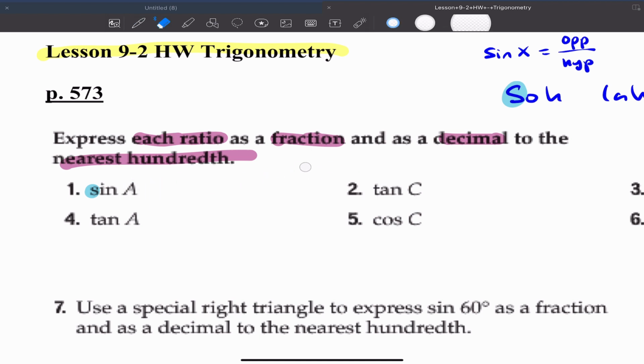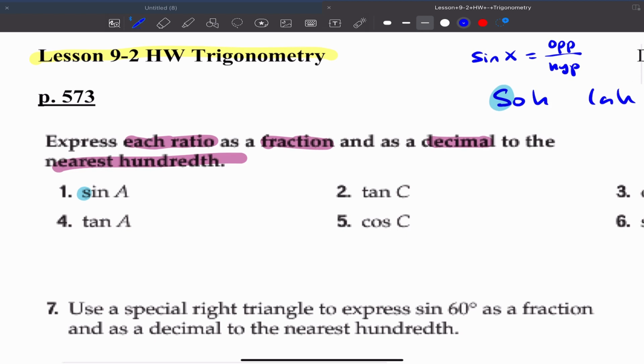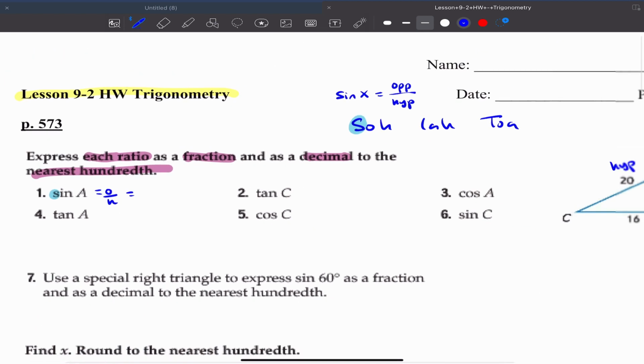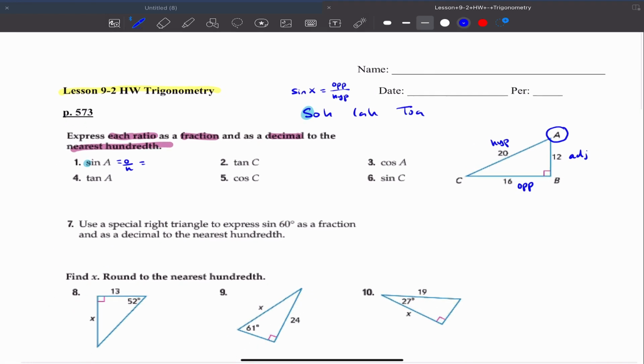So if I'm talking about sine of A, that is opposite over hypotenuse, which is equal to 16. So O is 16 because it's the opposite side, and then H is, sorry, not 12.